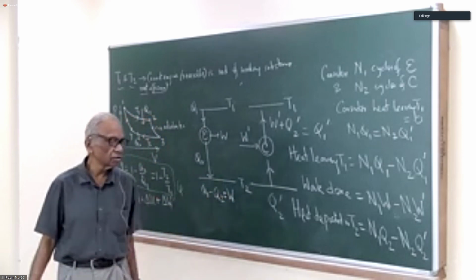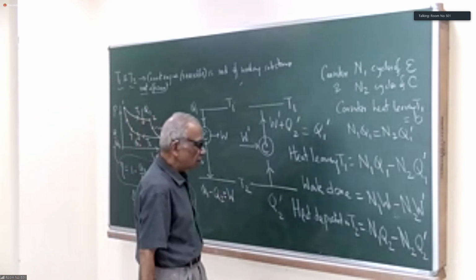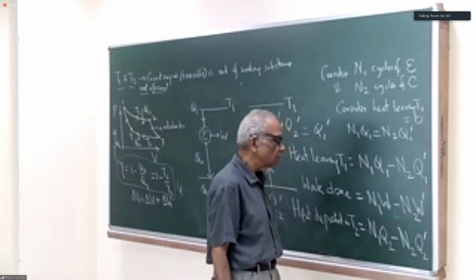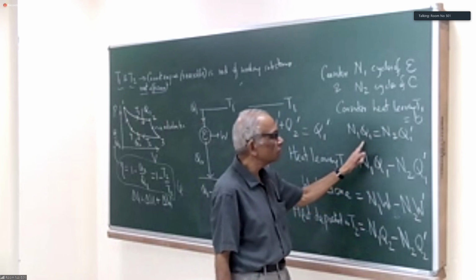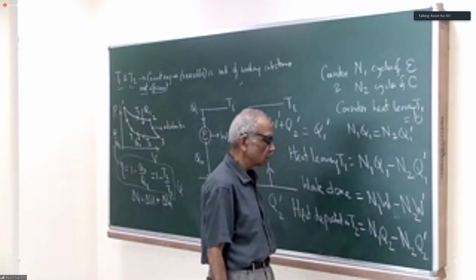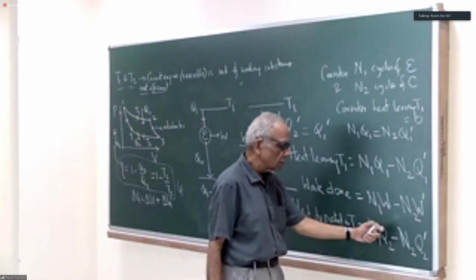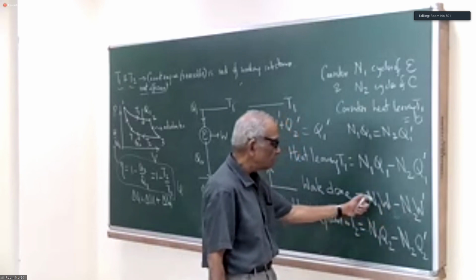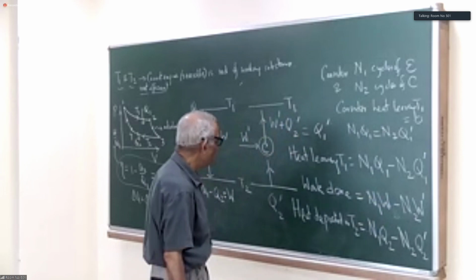So the work done is N1 W minus N2 W prime, and N1 and N2 are now related by this quantity. Let me put W and W prime in terms of the heat involved.